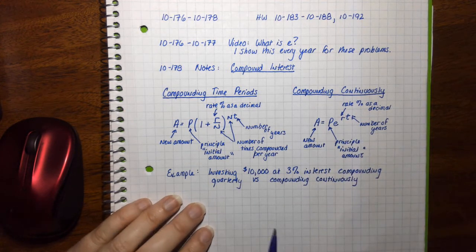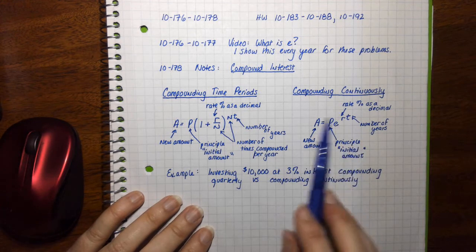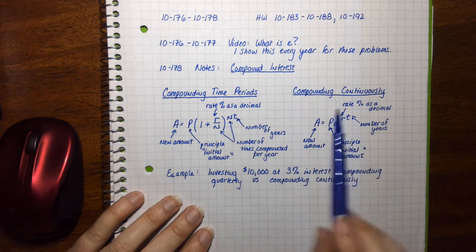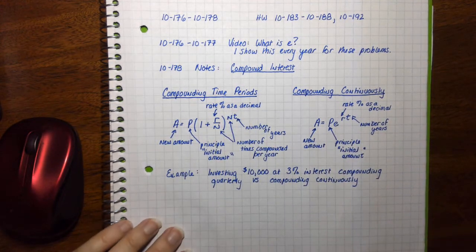Okay, so we're going to see how much more money she will get by having a compounding continuously situation, because this is always the highest, and how much she would get by compounding quarterly.